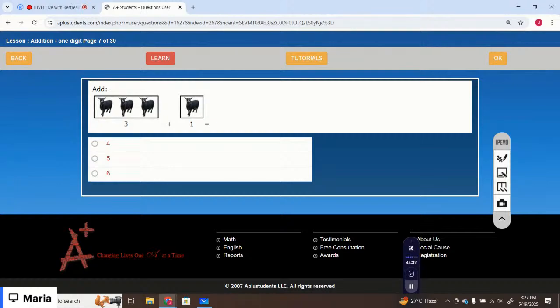Add 3 plus 1, so which is the correct option? That is 4.